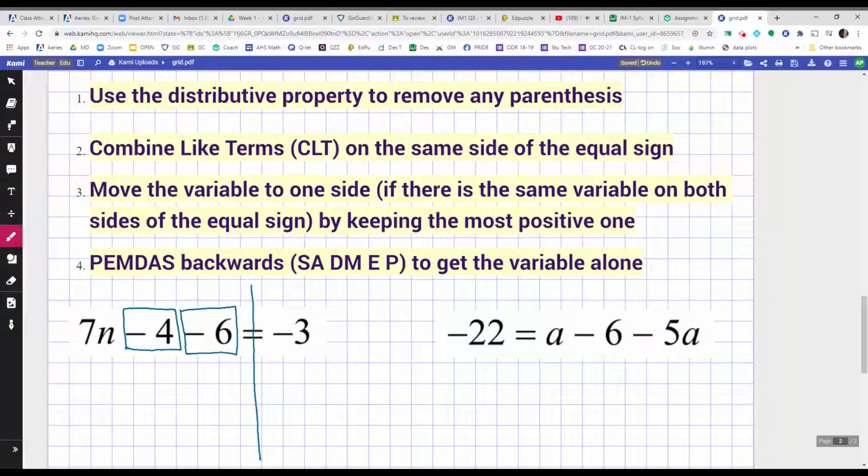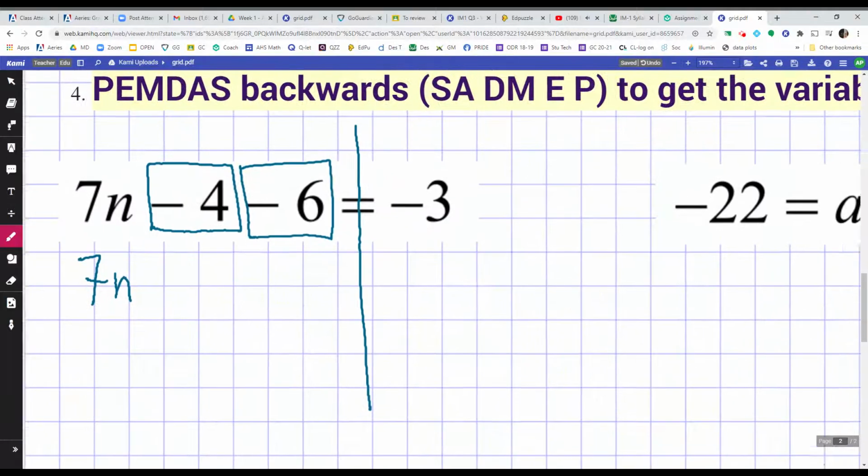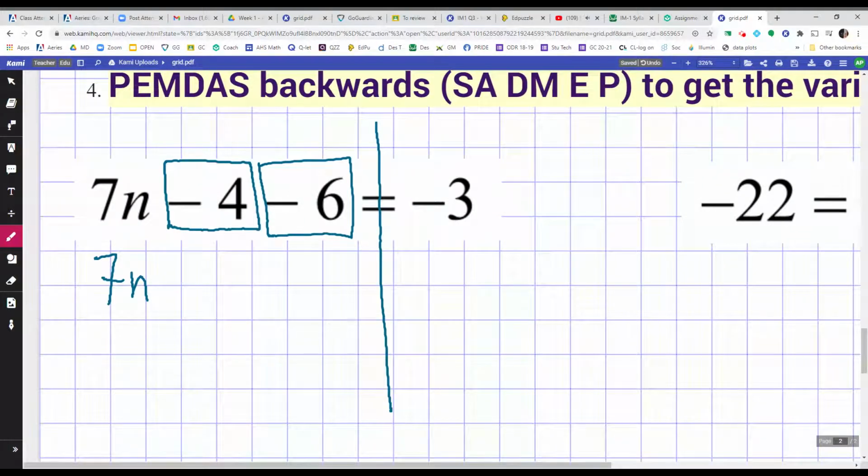The 7n can do nothing with the 7n. I'll zoom in a little bit. -4 take away 6 more is -10 equals -3. I combined my like terms. -4 and plus a -6, or take away 6 more, will be -10.